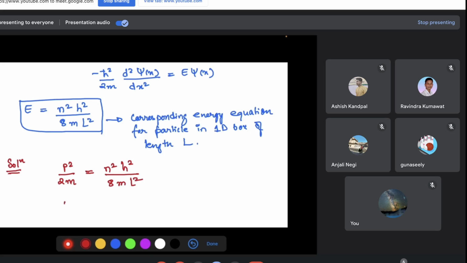Correct? And my L square will be m square h square by 8m.